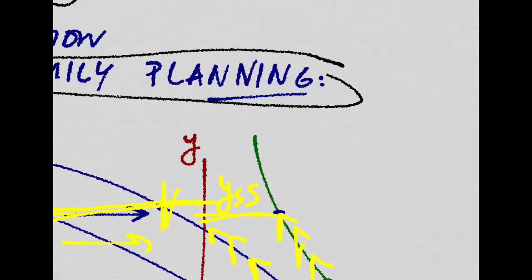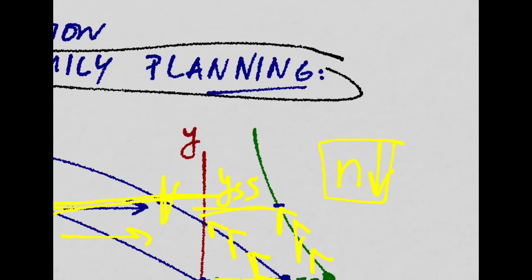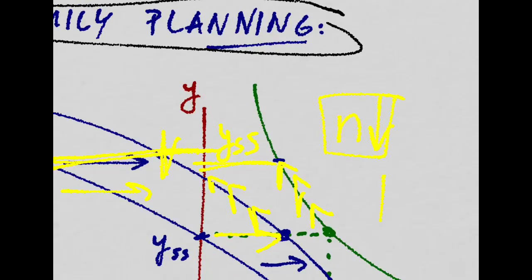So basically what this theory says is that what we should do is decrease population growth through family planning to be able to increase income in poor countries. And this is the view that a lot of institutions like the World Bank have with respect to Africa, and it's based on these Malthusian theories.